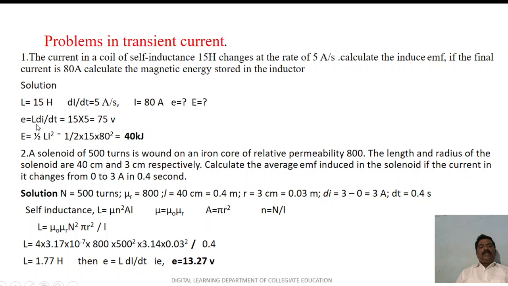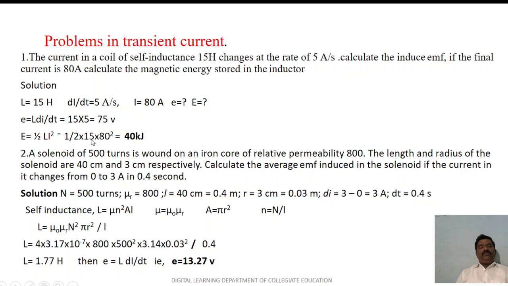Substituting the value of L as 15 and di by dt as 5, you can calculate that it is 75 volts. You will get the induced EMF in the given coil. And the energy stored in the inductor, we have derived, can be written as E is equal to half L i square, where L is the inductance of the coil and I is the maximum current in the coil.